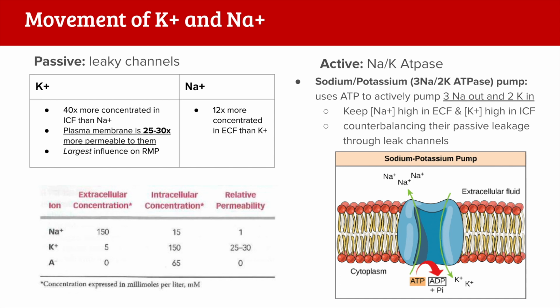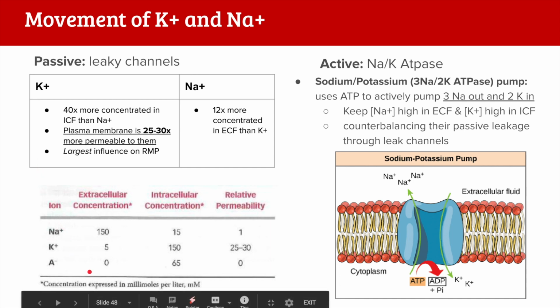They move passively and actively, mostly passively. The passive part is more important than the active part, I guess you could say. For potassium, if you look at this table, you'll see that potassium is more concentrated on the inside of the cell, so through these leak channels, it will flow out of the cell.